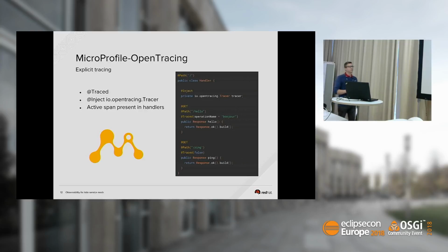We also defined the Traced annotation that can be used to enable tracing for CDI beans and also to disable tracing, for example, for a JAX-RS endpoint or for the whole class.